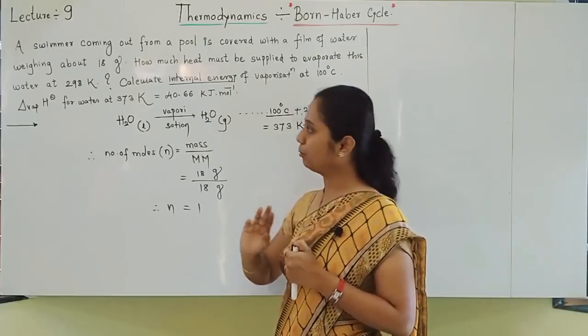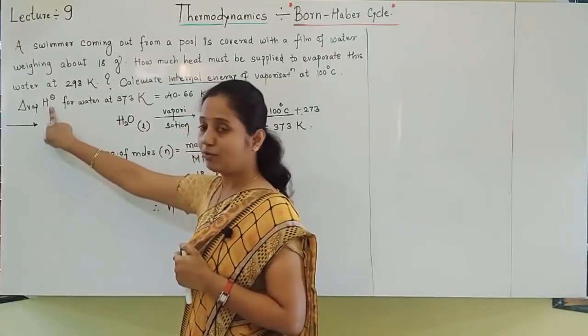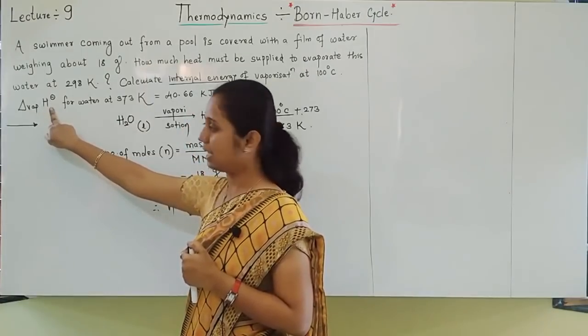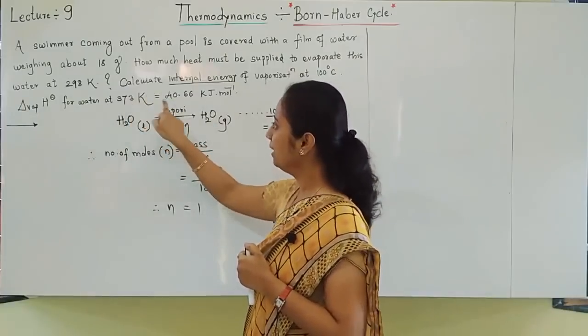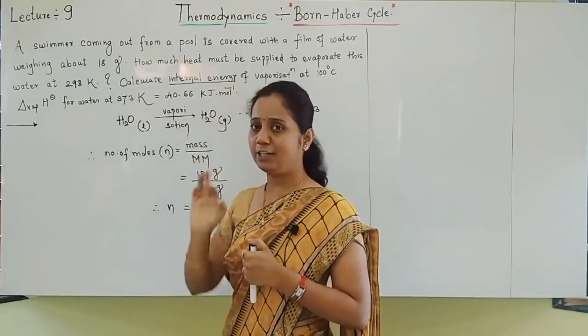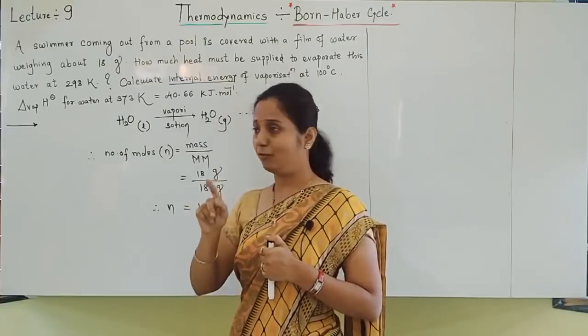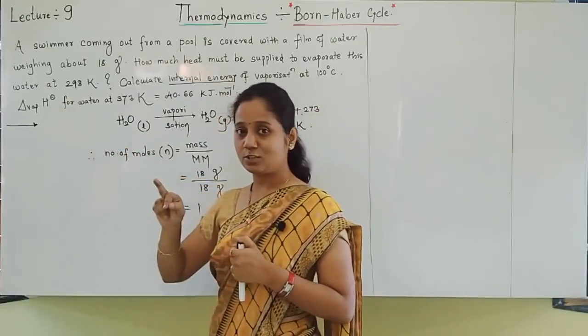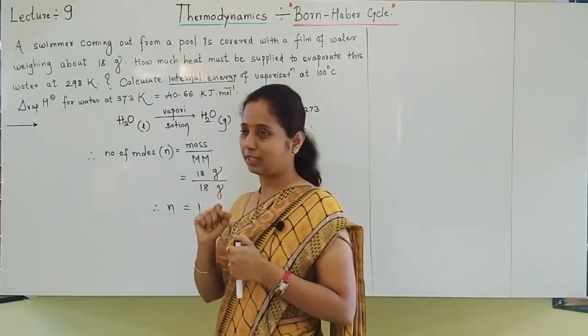The hint will always be in the problem itself. What is given here, students? Delta H value is given. Delta H for vaporization of water at the same temperature 373 is 40.66 kilojoule per mole. Internal energy is asked. So remember the formula in which delta H is there and the internal energy change, delta U, is also there.